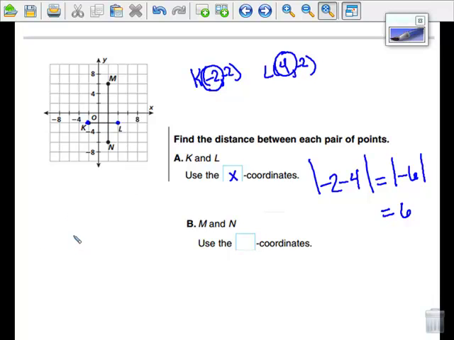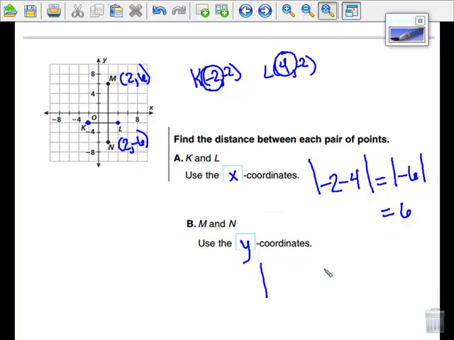Let's do the same thing with M and N. They're vertical, so I'm going to use the y-coordinates, which means they should have the same x-coordinate. The coordinates for M are (2, 6), and for N, it's (2, -6).